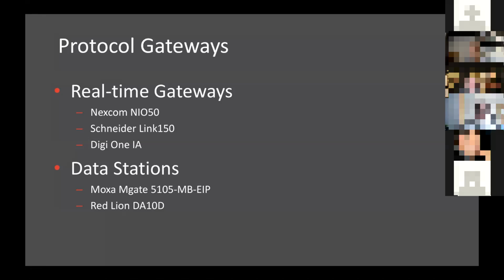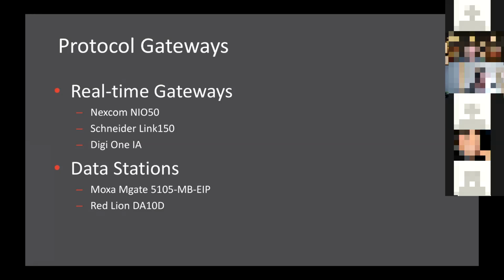The data stations do a continuous read of the PLC and store that information into the data station's memory. The HMI would then query the data station, and the data station responds to that query from its own internal memory.